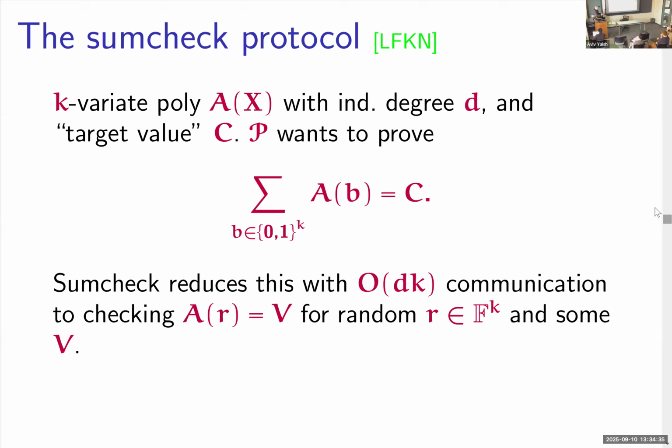The SumCheck protocol reduces a sum to a single point. So it reduces checking the sum to checking just that A of R is equal to V for a uniformly chosen R.